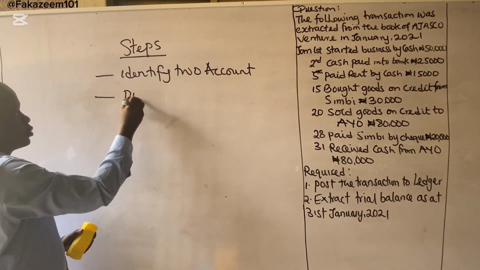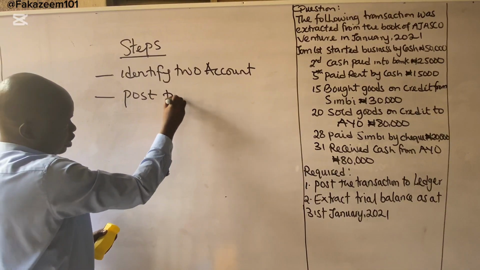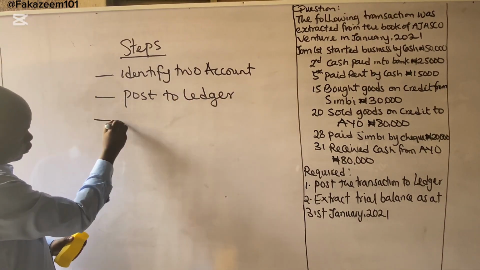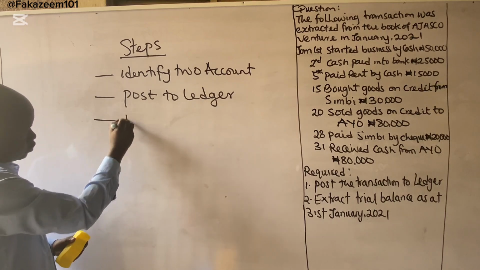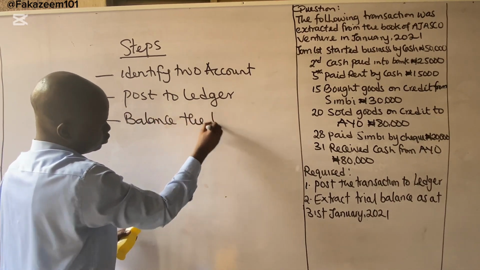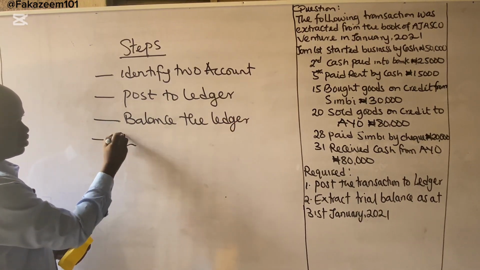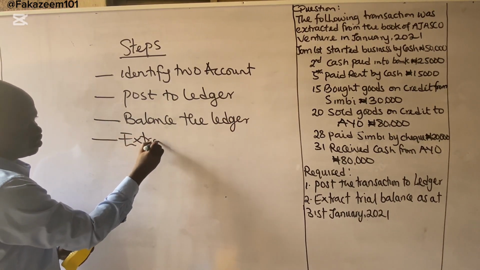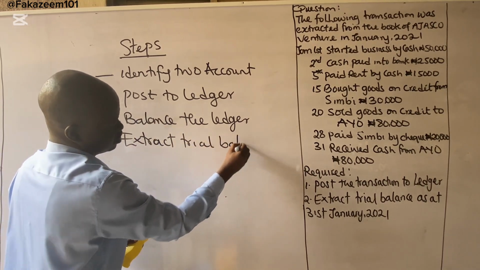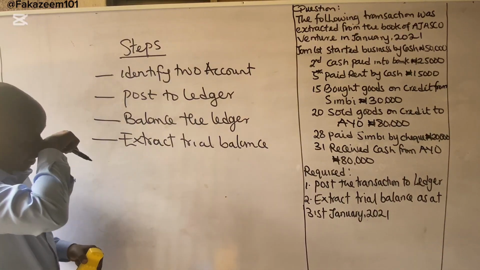Second step, post the two accounts to the ledger. Third step, balance the ledger. And the last step is extract the trial balance. These are the major steps to prepare a ledger and trial balance.